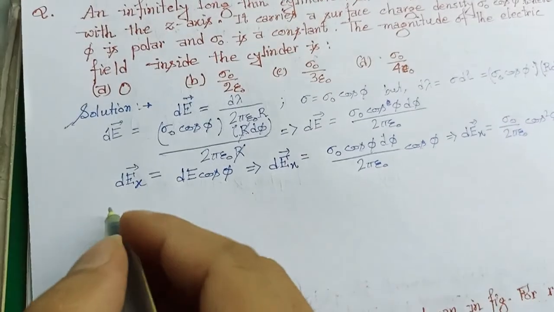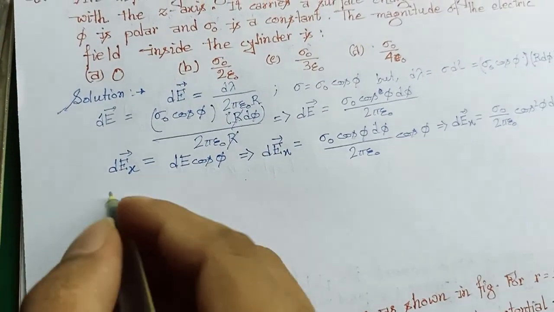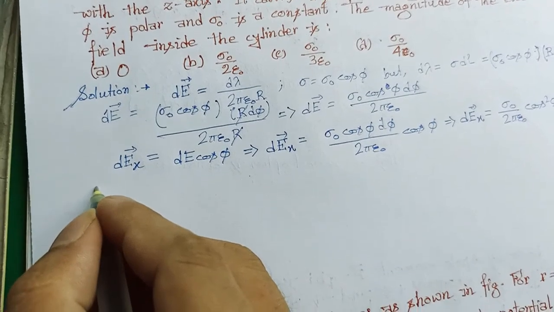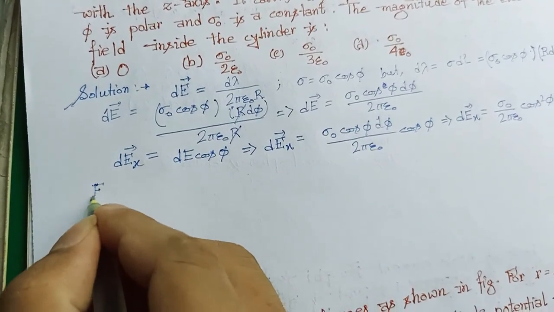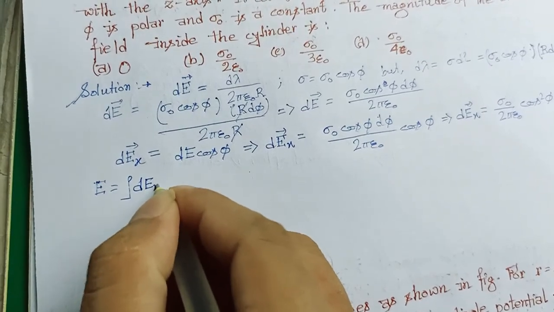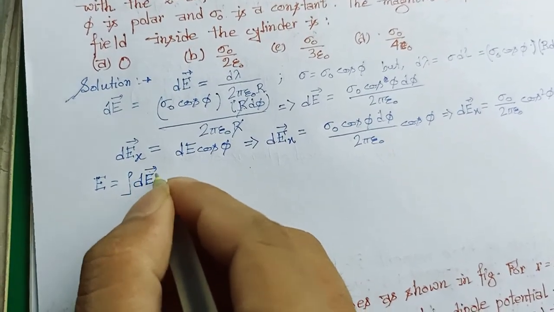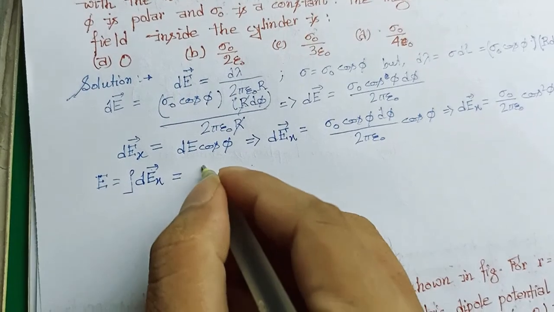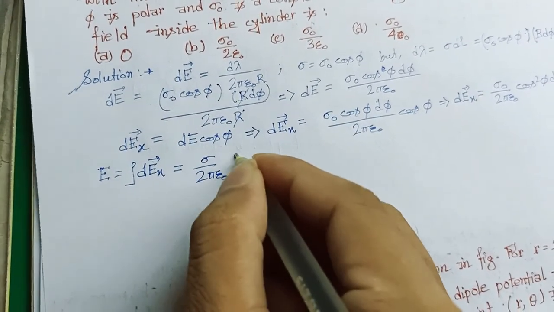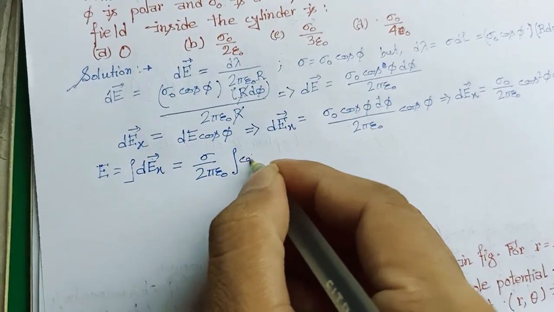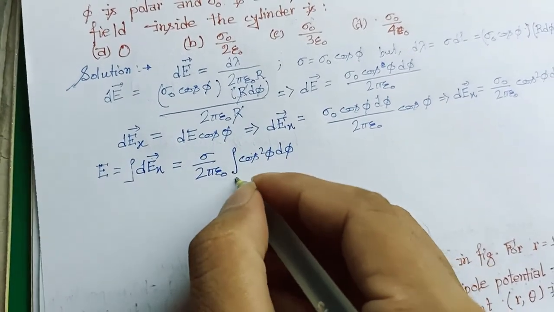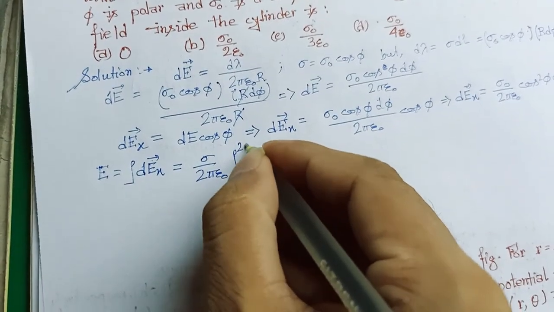If we want to find the net electric field, then our net electric field E will be the integration of dEx. So it will be equal to sigma naught divided by 2 pi epsilon naught into the integration of cos square phi d phi, ranging from 0 to 2 pi.